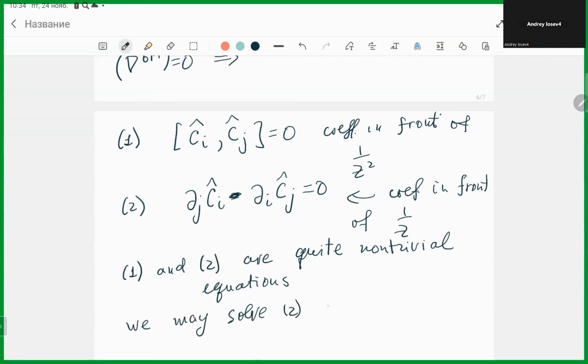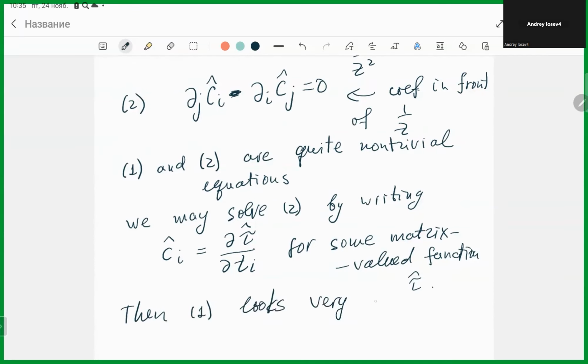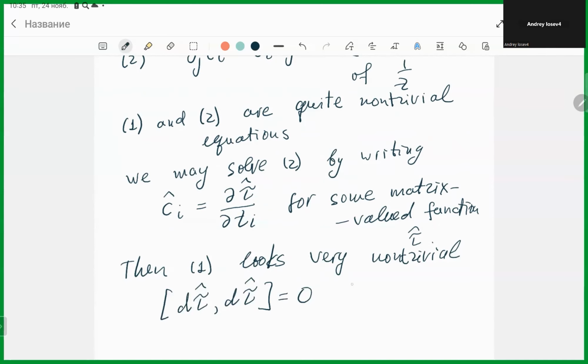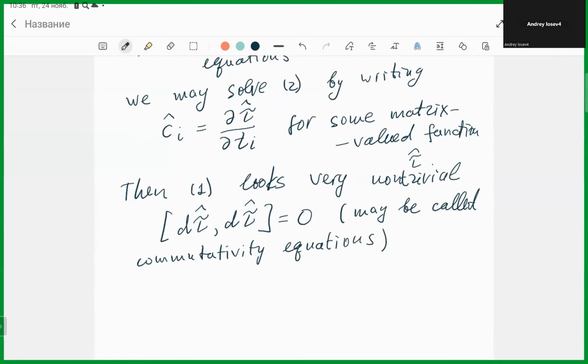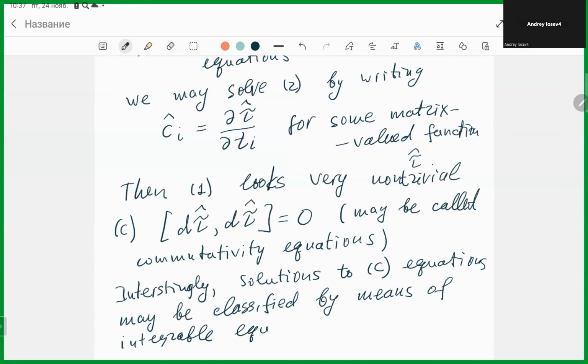We may solve 2 by writing, for some matrix valued function tau. Then 1 looks very non-trivial. Written in this form, it may be called the commutativity equation. Interestingly enough, solutions to this equation may be classified by means of integrable equations theory.